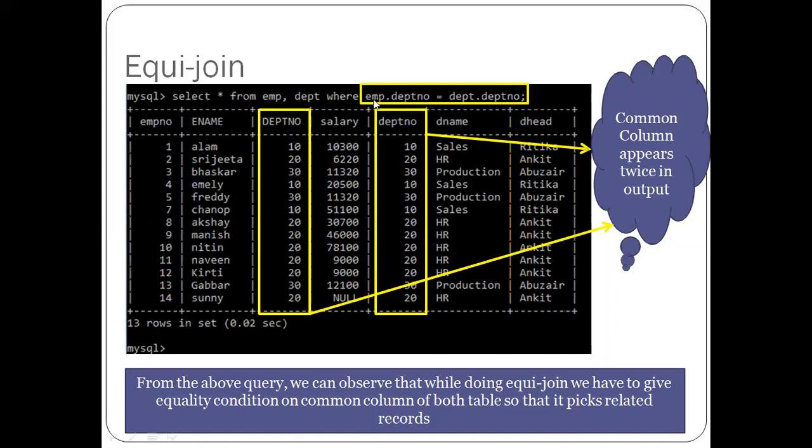Here you have to write the table name, or you can also write an alias name, employee dot department number from this table. So from any table you want to retrieve a column, you need to put the dot operator there, and department number equals department dot DPT number. This is the second table.